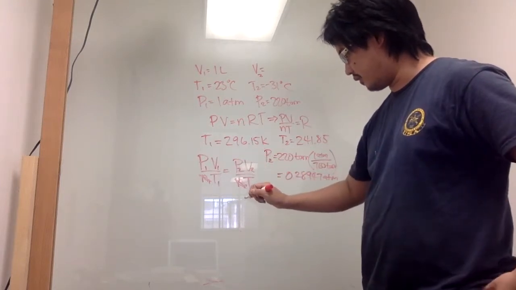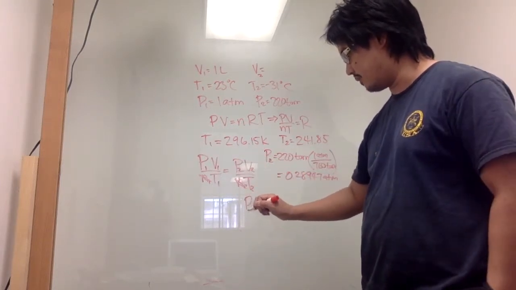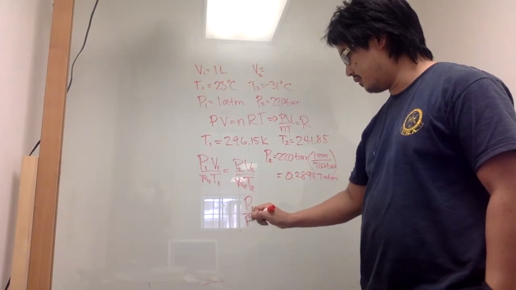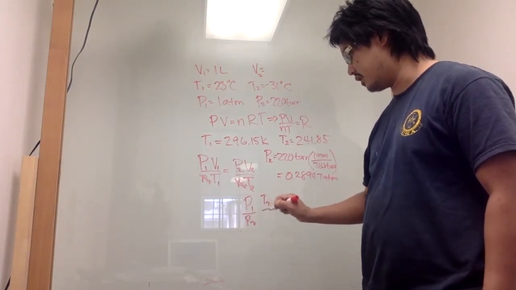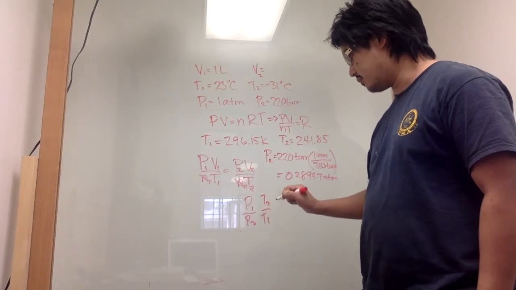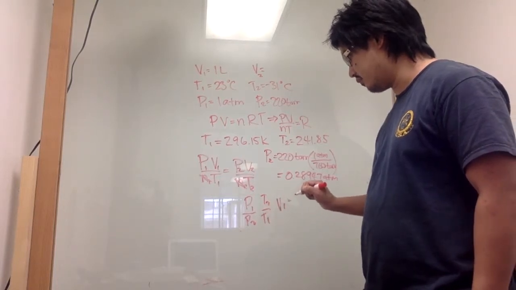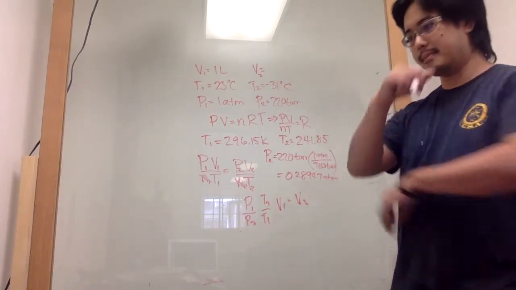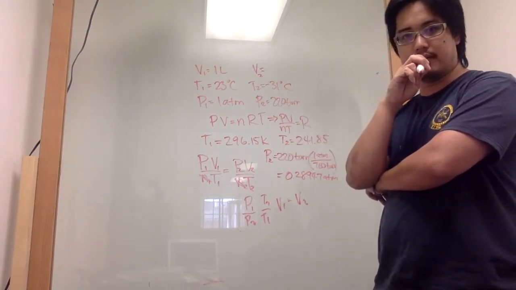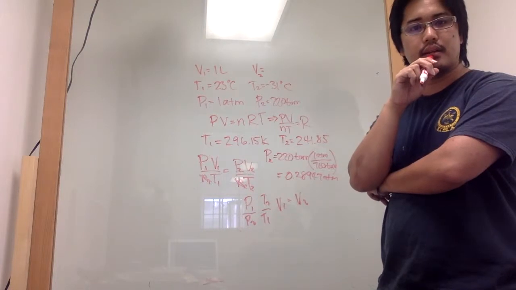So I have, and tell me if this is what you're writing down on your paper, Bradley, P1 over P2 times T2 over T1 times V1 is equal to V2. I'll let you take a second to digest that.